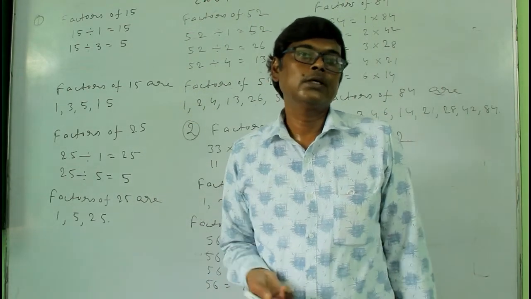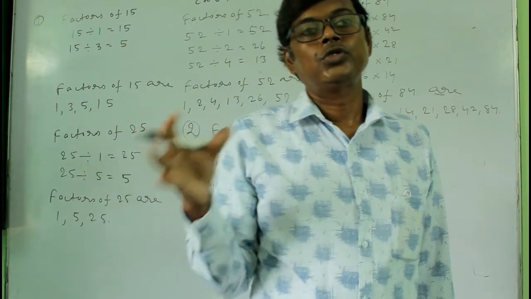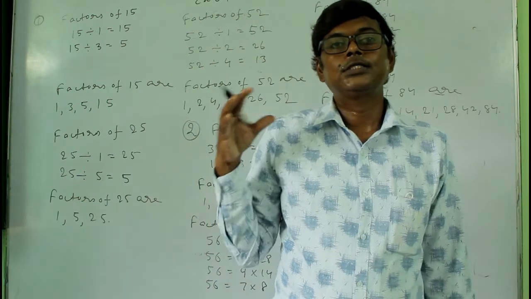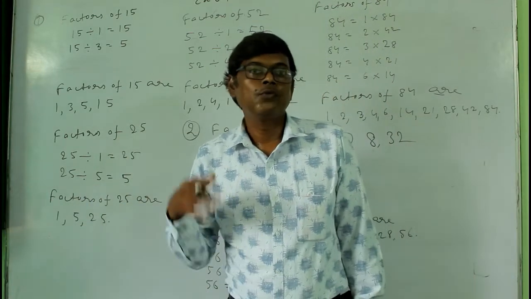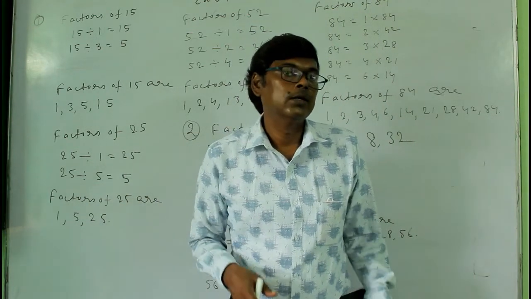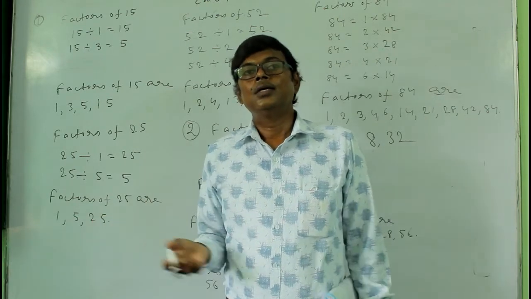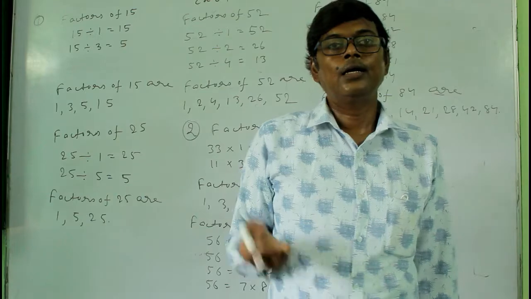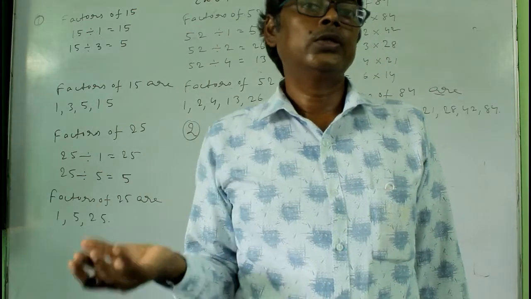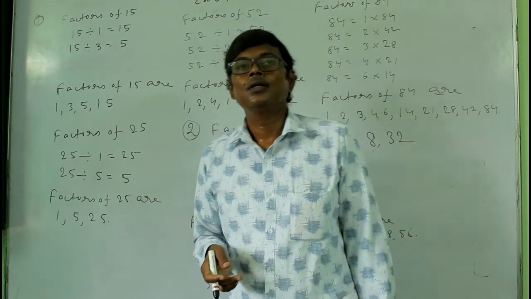तो क्या करना पड़ेगा इसमें, हमको देखना पड़ेगा कि जो बड़ा नंबर है वो छोटे वाले नंबर से exactly divide होता है या नहीं. Okay, that is we have to determine. Okay, we have to find out whether the larger number is exactly divisible by the smaller number, and if it does so, then it means that the smaller number is the factor of the larger number.